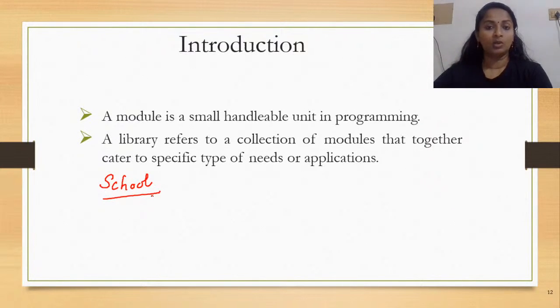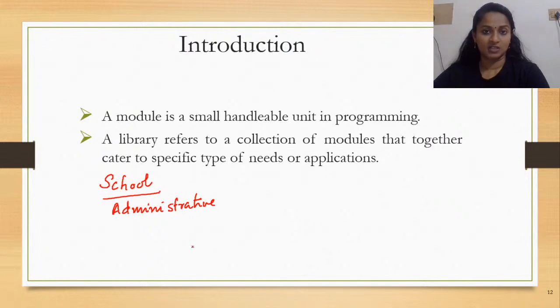This school would have an administrative wing, right? That is the administrative office wherein the students who are enrolling to the school would be coming, meeting the administrative officers, and doing the payment at the office.